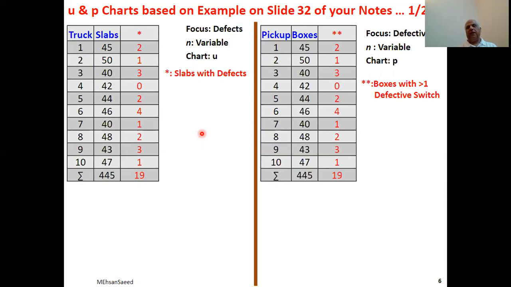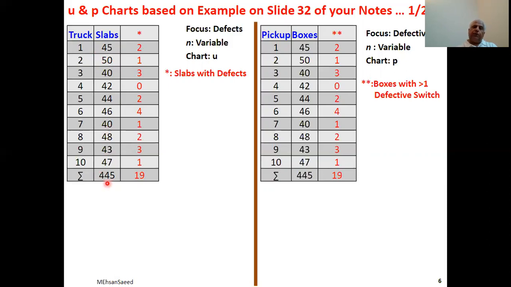So how can we then work out a suitable baseline or center line? We still have the 10 trucks and we still have this data. What we can do is now add up all the marble slabs. So 445 is the total of this. So 445 marble slabs have arrived at the site.